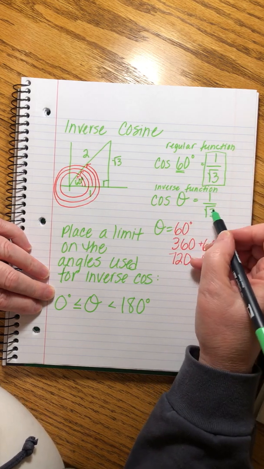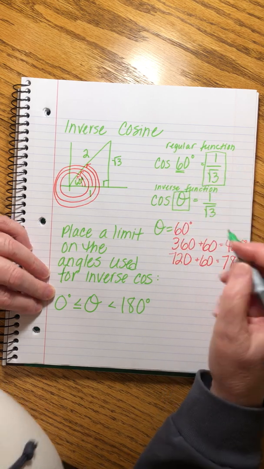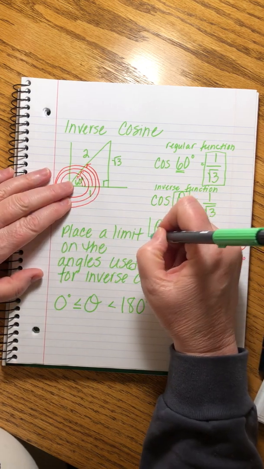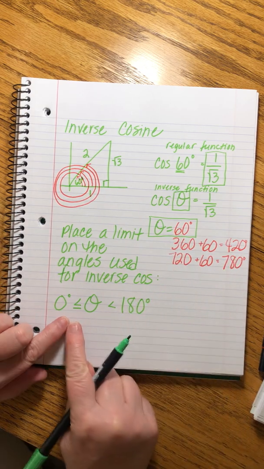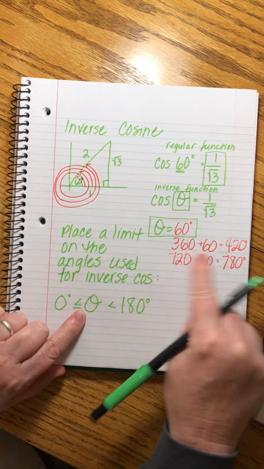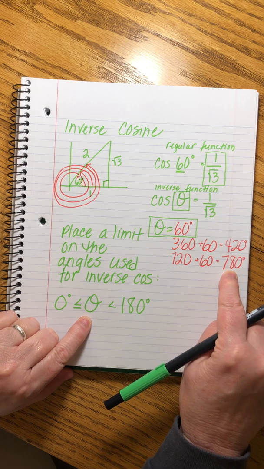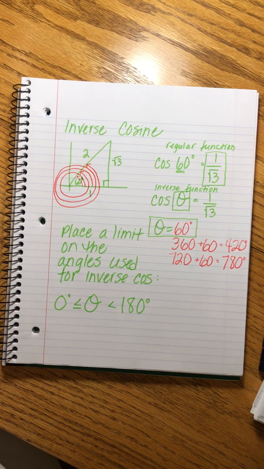And in this one, we're given this information. We have to solve for the degree. And we don't want to have to deal with all of this. We just want to be able to give an answer like this. And that's what we do when we place this limit on it, because we're saying 420-degree angle, we don't need to know about it. 780-degree angle, we don't need to know about it. We just want one of them.